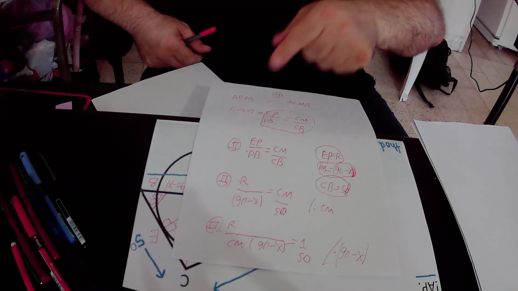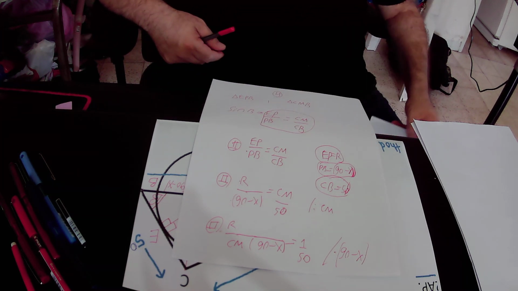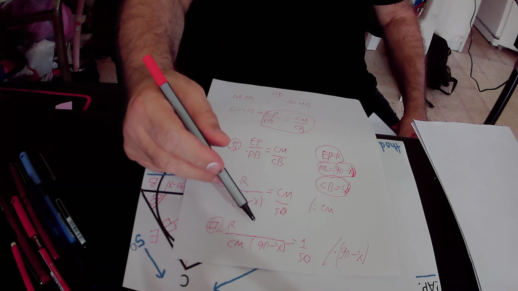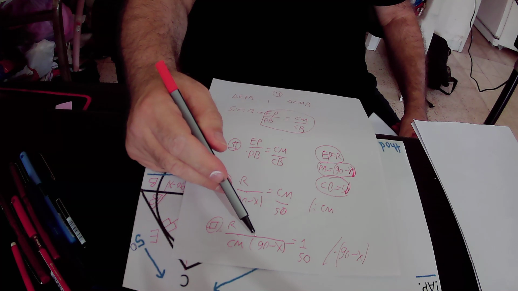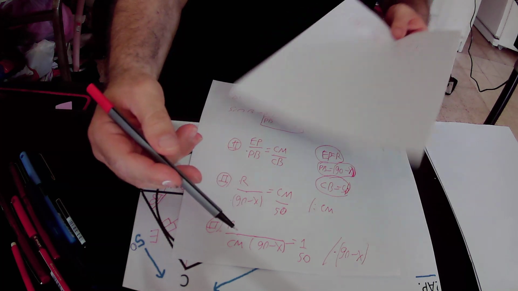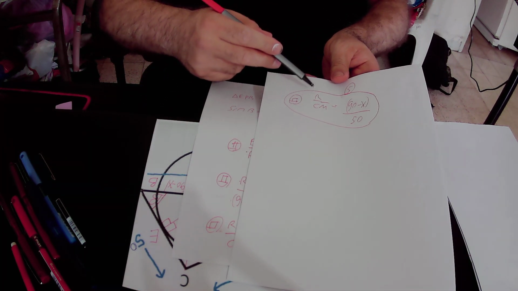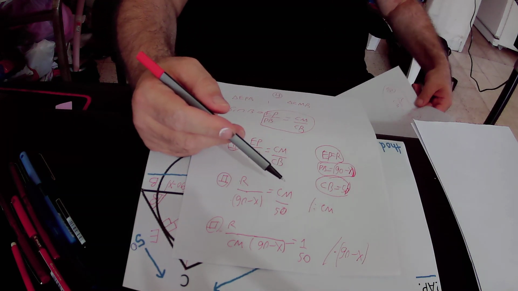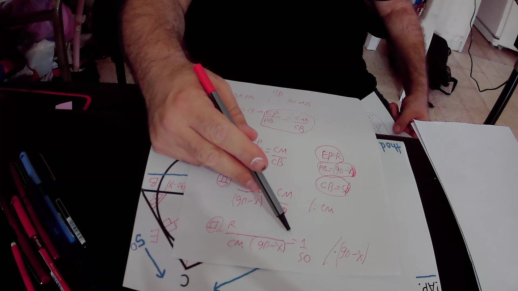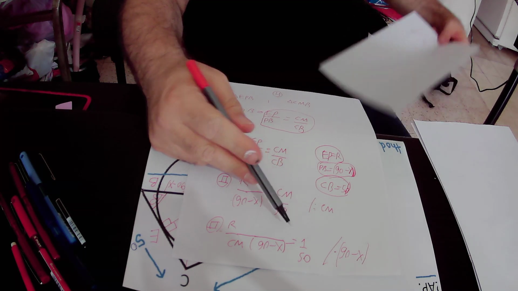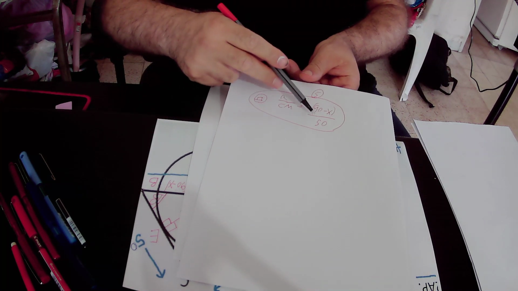So we multiplied both sides of the equation by 90 minus X. Here we have 90 minus X divided by 90 minus X. It is 1. So 90 minus X is cancelled, and we are left only with R over CM, and here 1 over 50 times 90 minus X equals 90 minus X over 50.